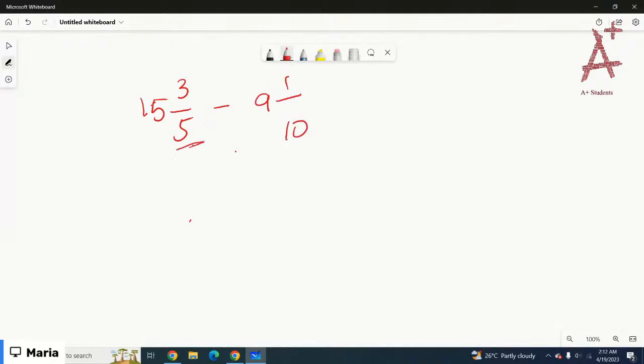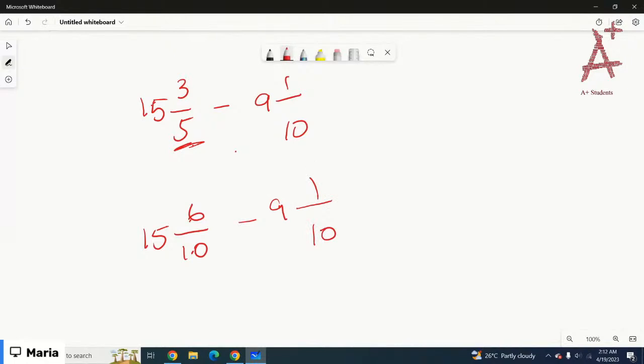So the common denominator is 10. You need to make that smaller denominator equal to 10. So you have to do 5 times 2. You just need to multiply the fractional part. 2 times 3 is 6 and 2 times 5 is 10. Now they have the same denominators.